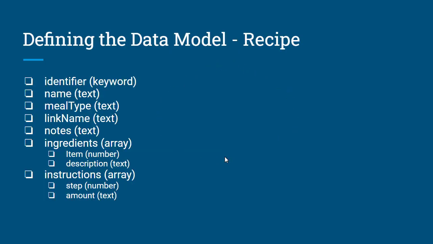Whenever you create a database, you create a data model, and there will be two what's called indexes in the Elasticsearch world. In this case, I'm going to have an identifier, a unique identifier, a name of the recipe, meal type, a link to the original recipe if there exists one, some notes, and then there'll be a list of ingredients and then the steps.